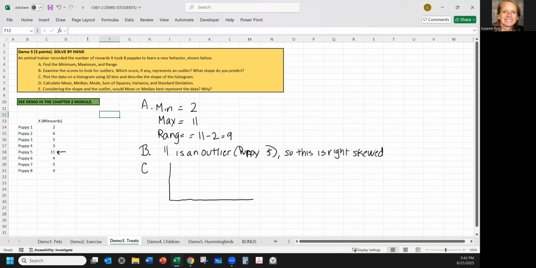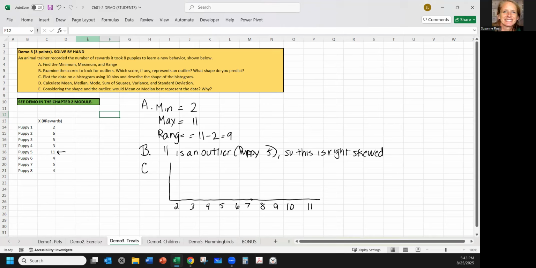It says use at least 10 bins, so on the axis I'll go 2, 3, 4, 5, 6, 7, 8, 9, 10, and 11. This is referring to the number of treats that it took, or the values.